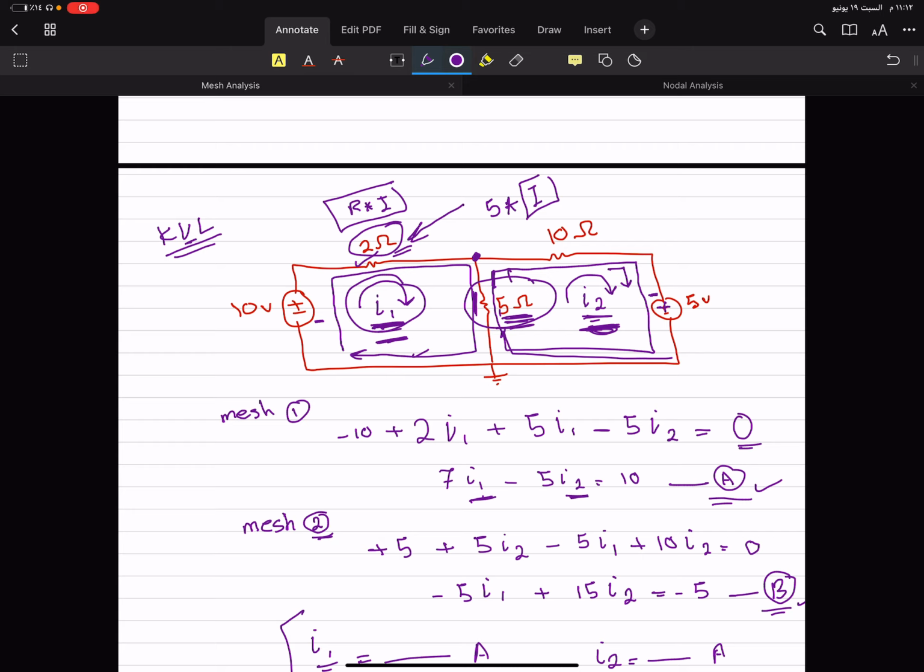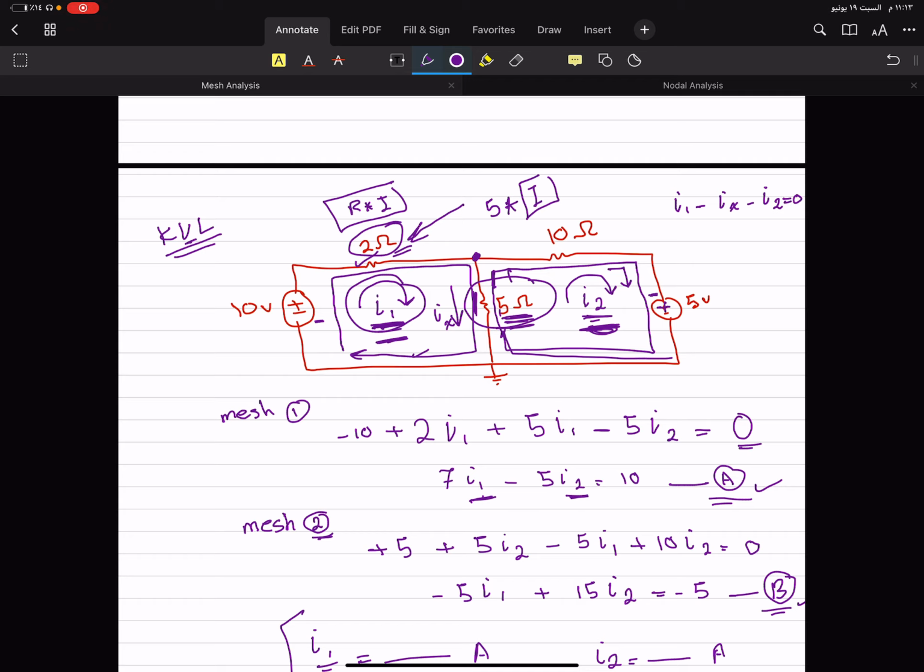I see that I1 is entering, so it will be positive. The current passing through the 5 ohm resistor, let's say it's in this direction, is leaving, so it's minus, let's call it Ix, so minus Ix. And I2 is also leaving, so it's minus I2, and that's equal to 0.